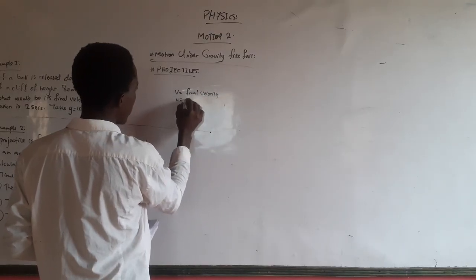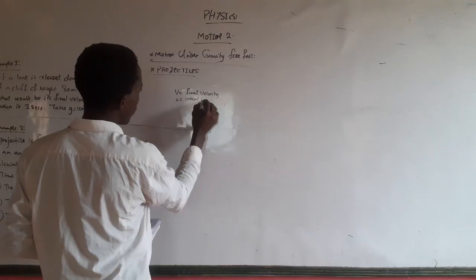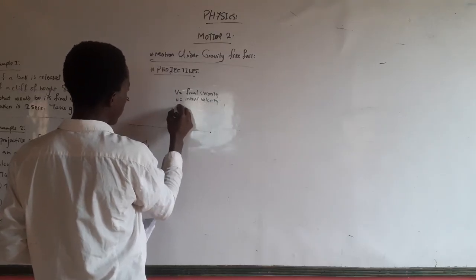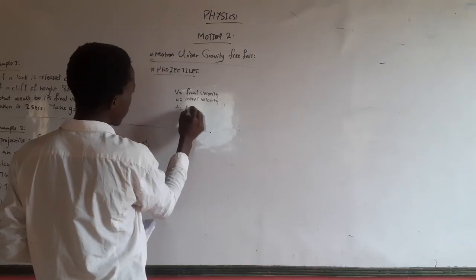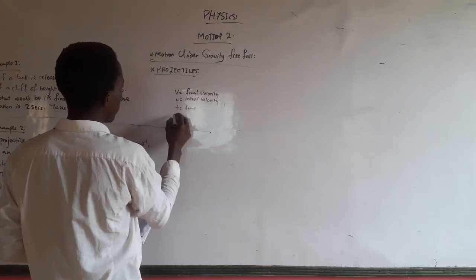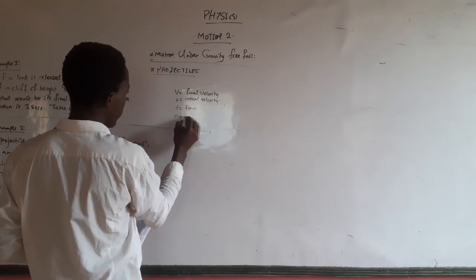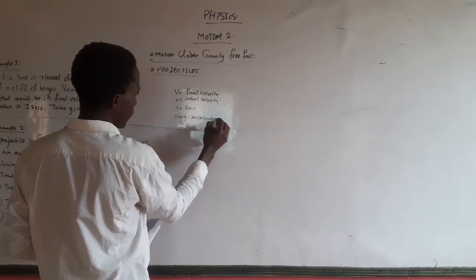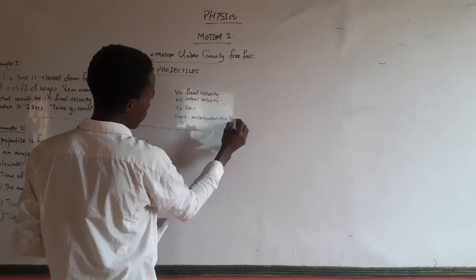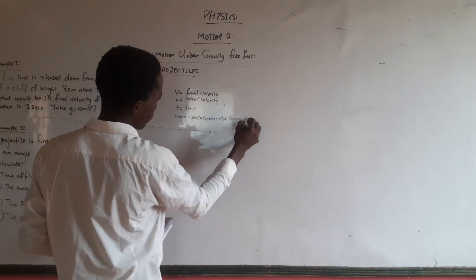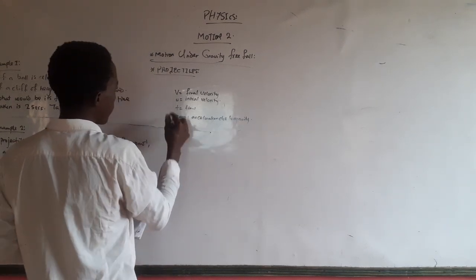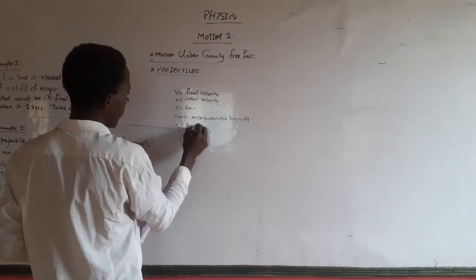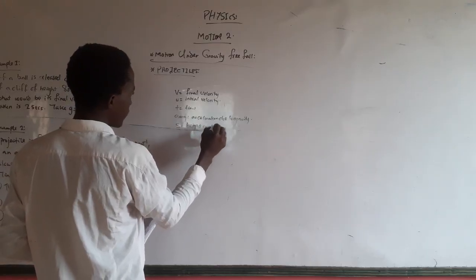U is equal to initial velocity. t is time taken. We have a or g, that's acceleration due to gravity.